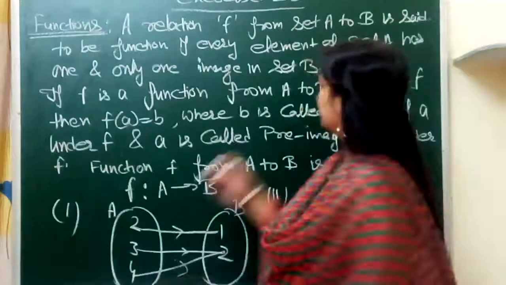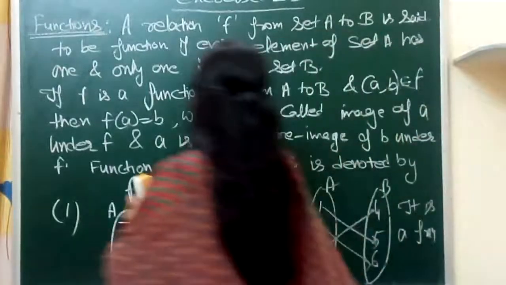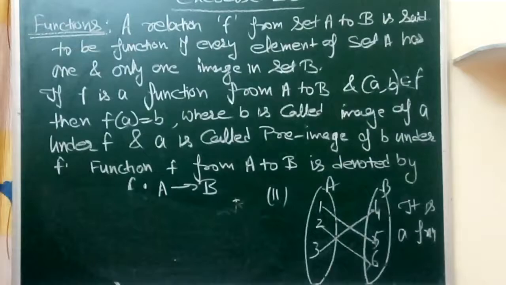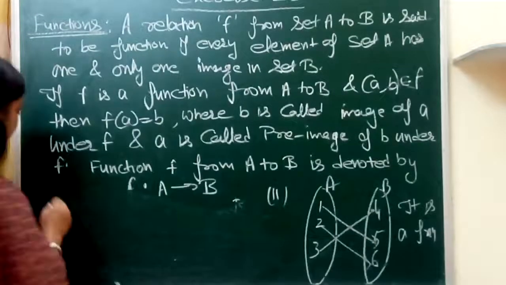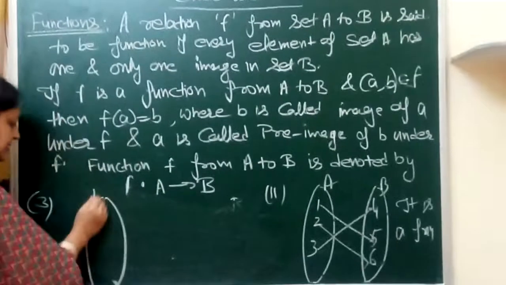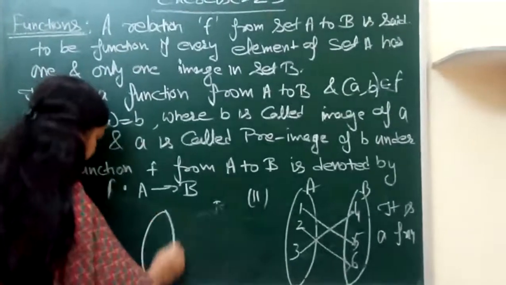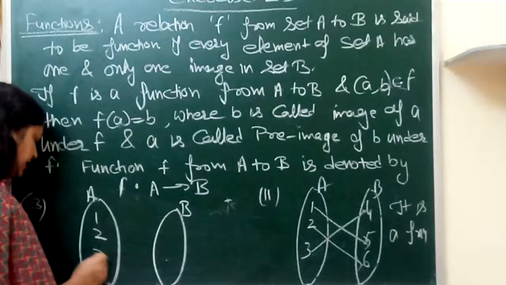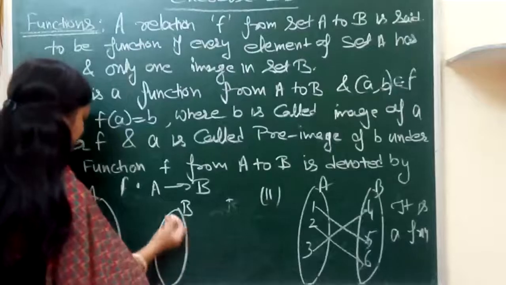Now the third example. Let f be from A to B, where set A is 1, 2, 3 and set B is 7, 4, 5, 6.